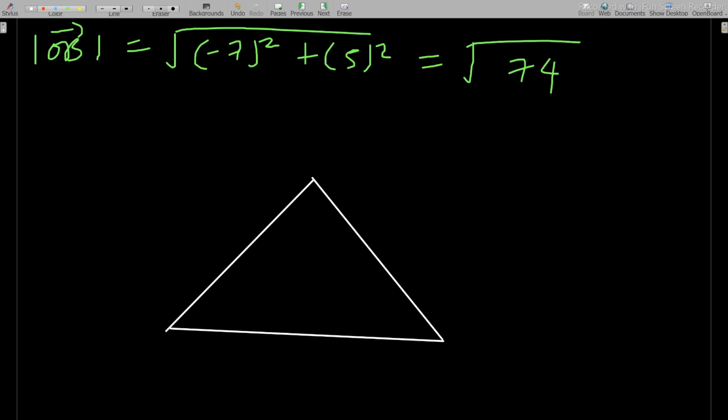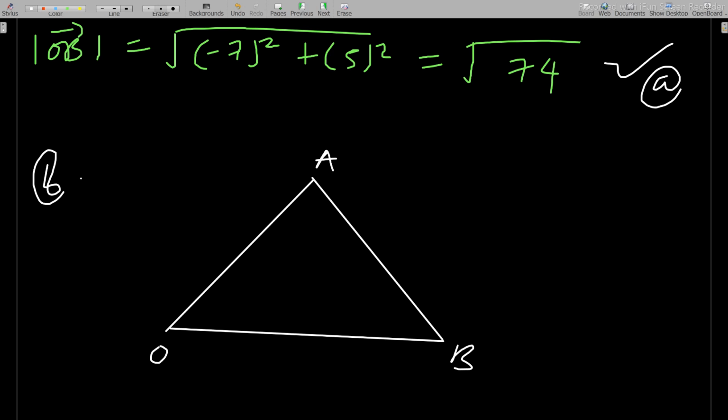So let me label them. This part that we solved here is for A, and you're solving for B like this, okay. So now with this, A is here and B is here, and let's say O is here.